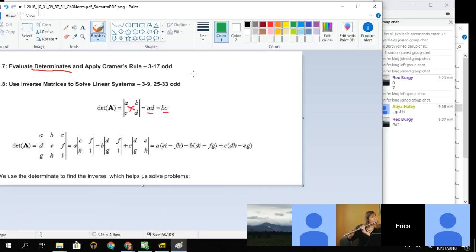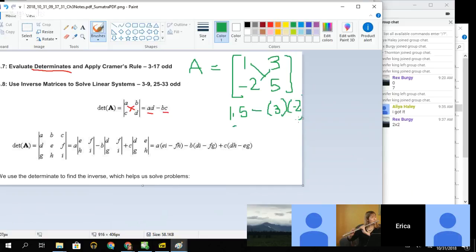Okay, so let me pick some real numbers so you can see what this looks like. If I have some matrix A, and A equals 1, 3, -2, 5, and I asked you to find the determinant of that matrix, you take 1 times 5, and then you subtract 3 times -2.